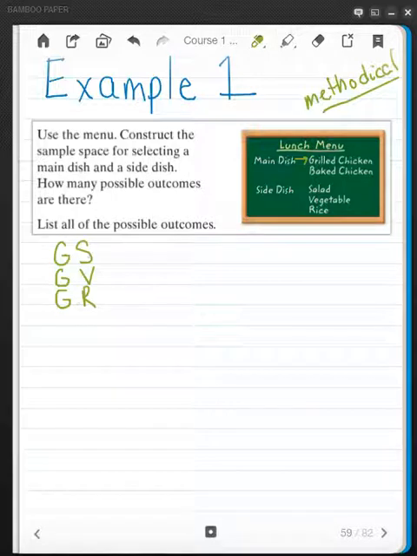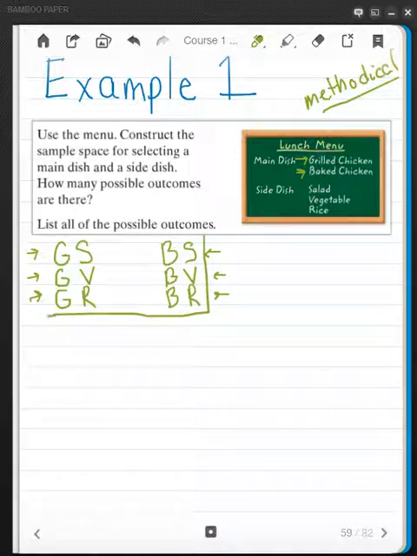So if I get grilled chicken, these are my 3 options for sides. So each of these is one event. Or I can get baked chicken instead of grilled chicken. So another event would be getting baked chicken with a salad, or baked chicken with vegetables, or baked chicken with rice. Each of these is also an event. So this is my sample space.